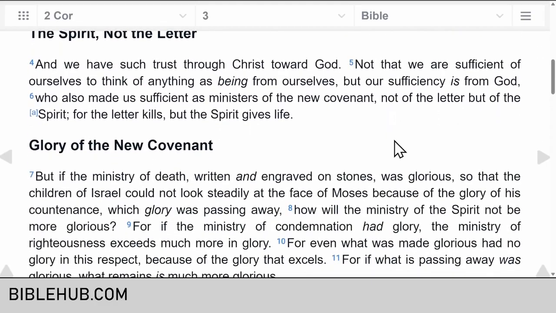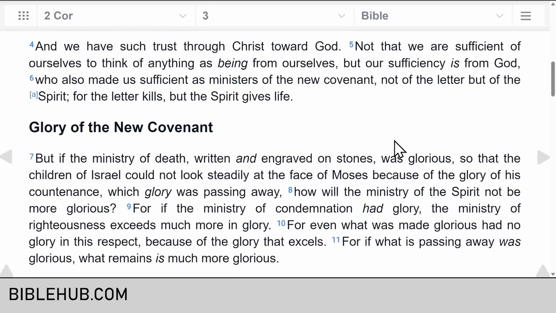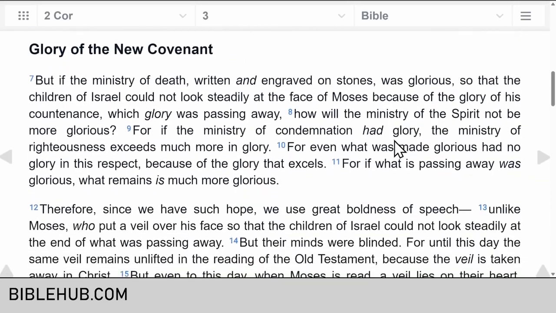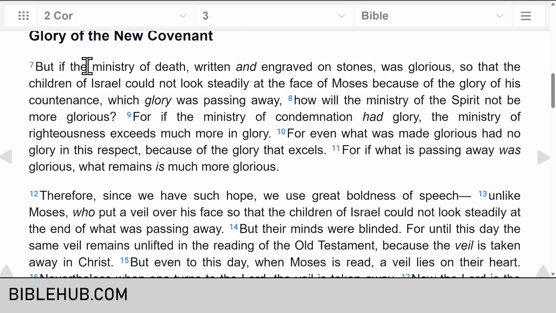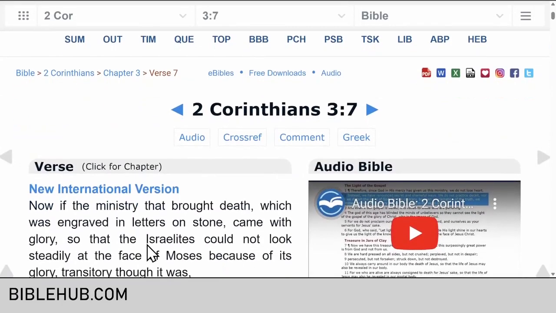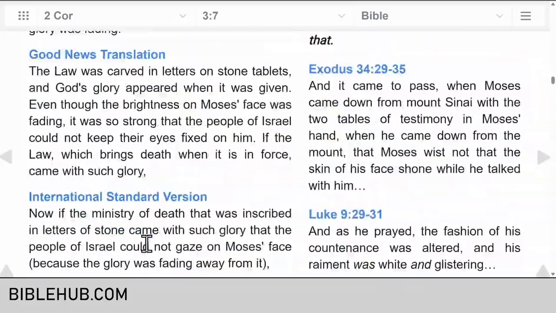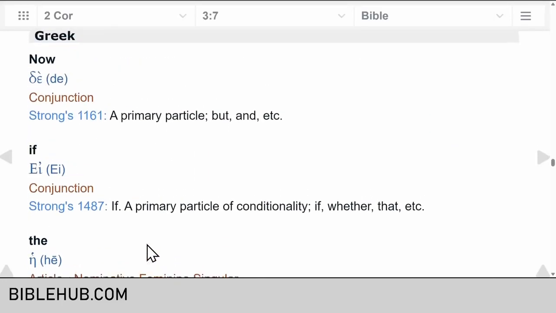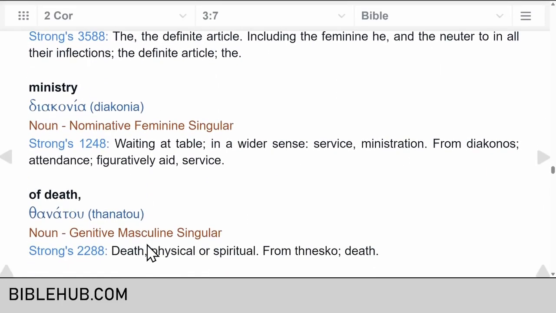If we go down a bit and we want to maybe look at the word ministry. So in verse 7, he talks about the ministry of death. In verse 8, there's the ministry of the Spirit. Okay, well, what is that, or how is that word used in different places? So if we go all the way down on this page and we start finding the Greek word, diakonia, very similar to the word deacon, right?